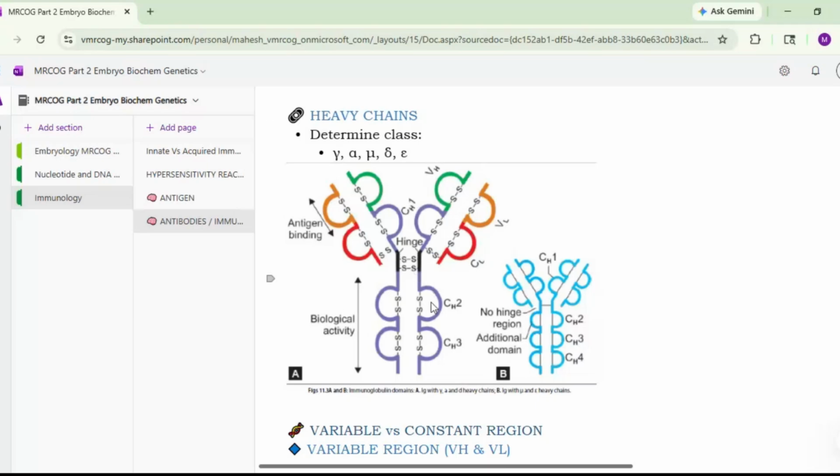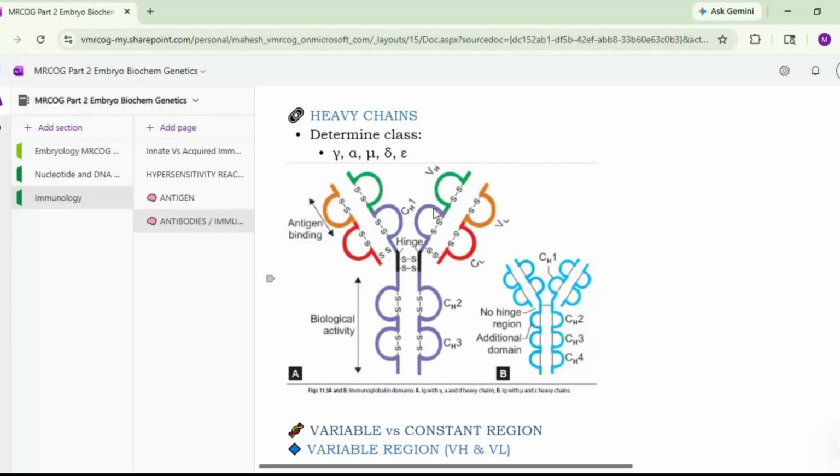These heavy chains again are of two types. In a few types, this hinge region is present, and there are certain types in which there is no hinge region. Here it is the variable portion and this is the constant portion.